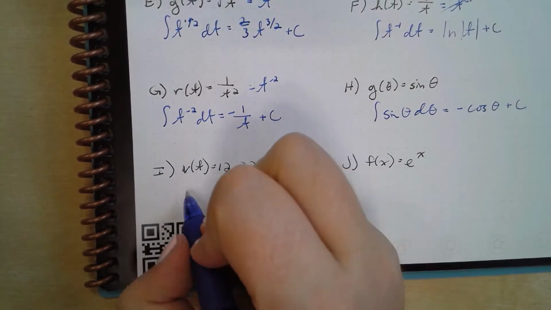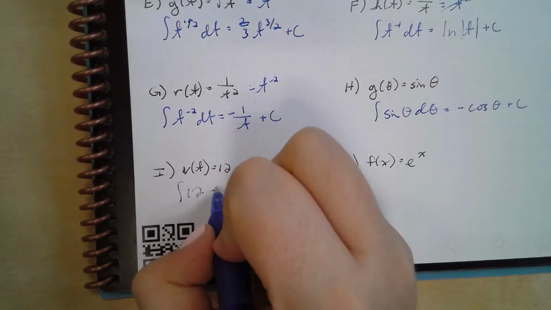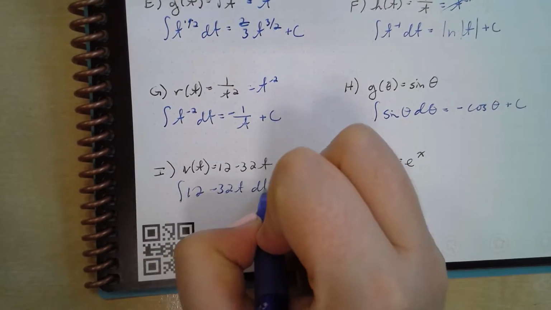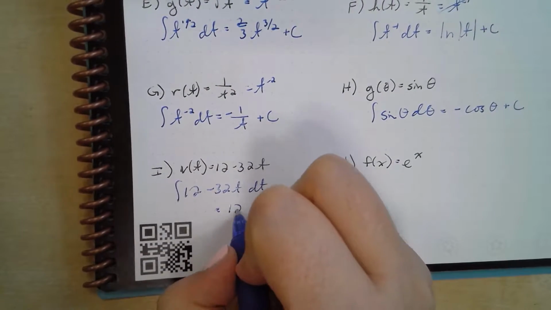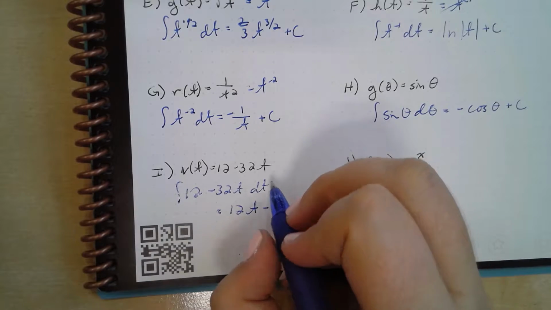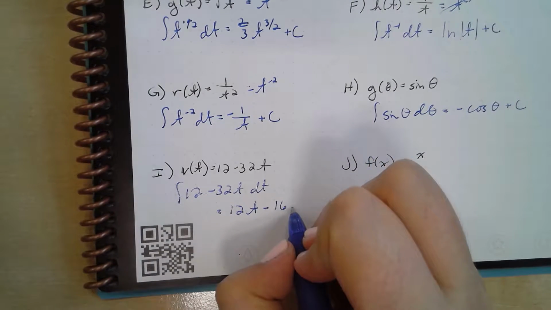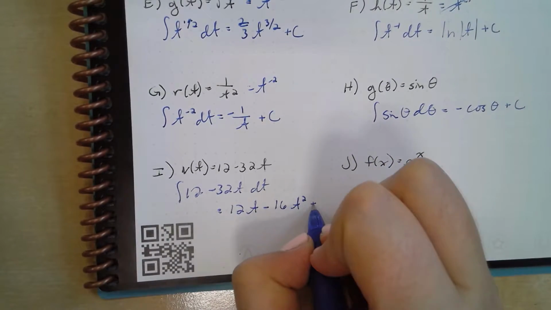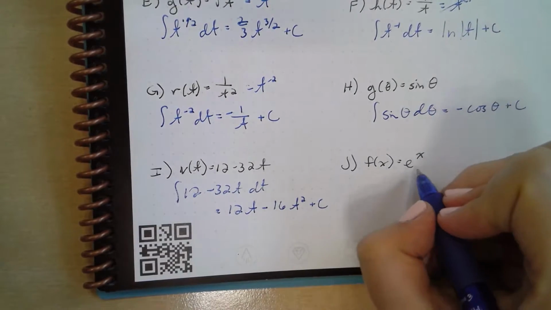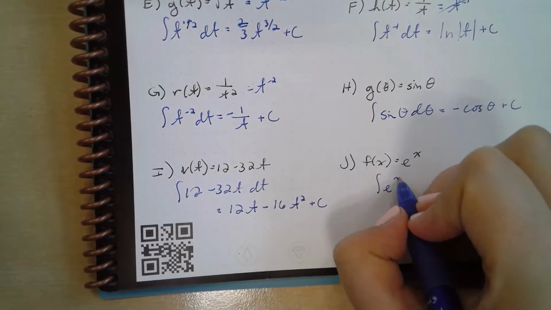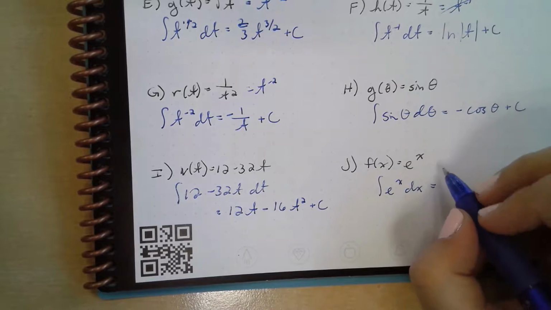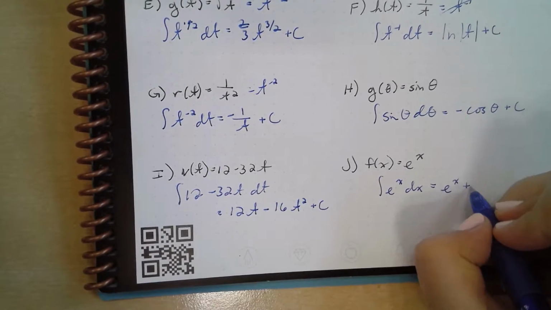V of t is going to be the integral of 12 minus 32t dt, which equals 12t minus 16t squared plus c. Good. And the integral of e to the x dx is just equal to e to the x plus c.